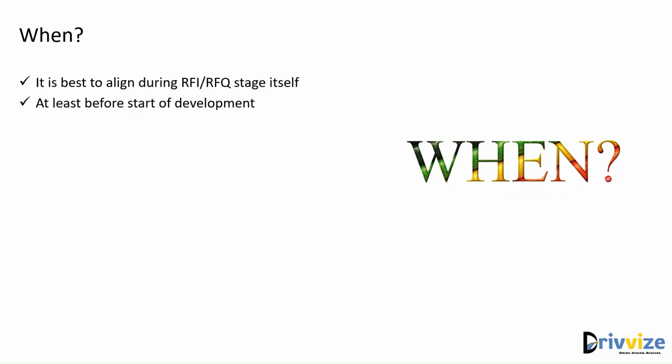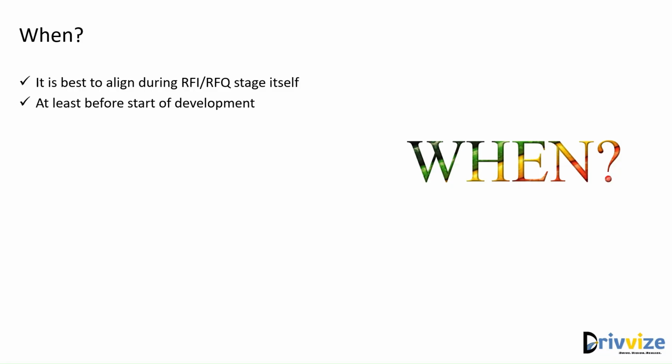And then when? Typically it should be started at the RFI or the RFQ stage itself, because as I said, the CIA lays out the ground for what work products need to be done and when they need to be done, right?